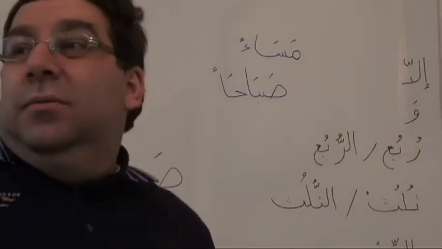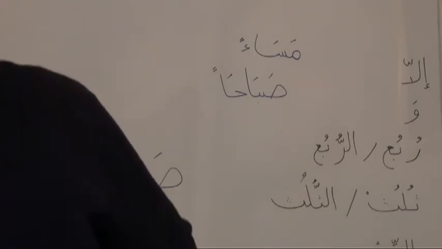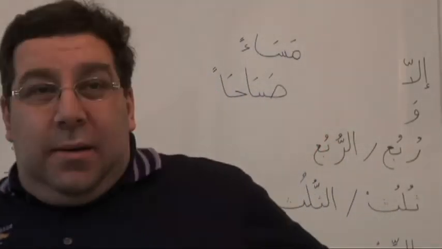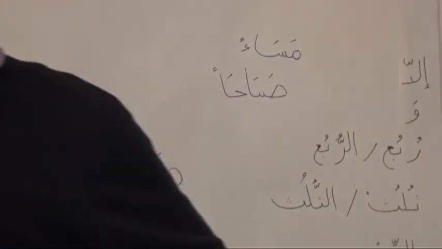If we want to say asran or dhuhran, both are okay because it is between. Dhuhran means noon, asran afternoon. Both are okay because some consider afternoon after 12. So both are correct. Clear?